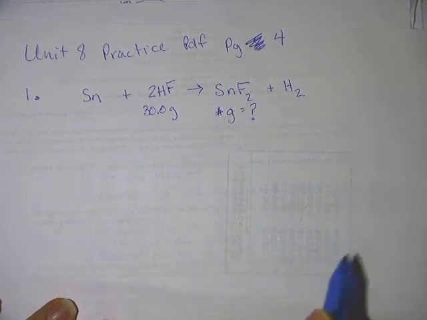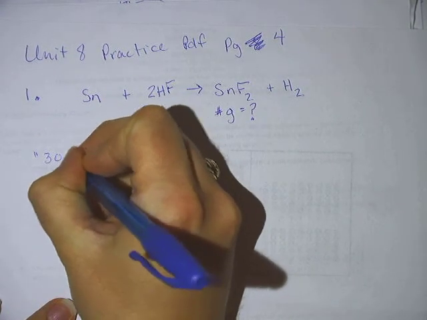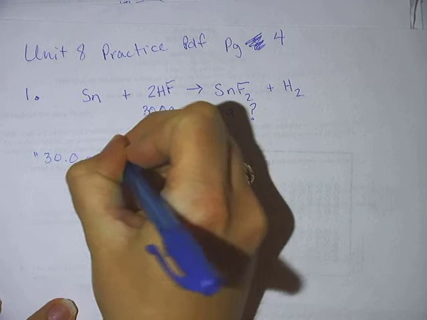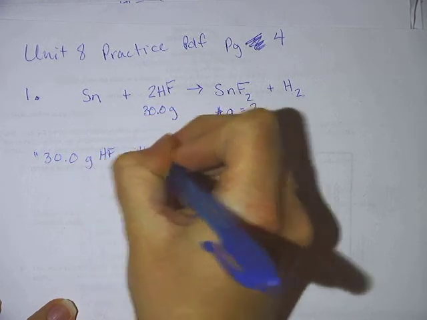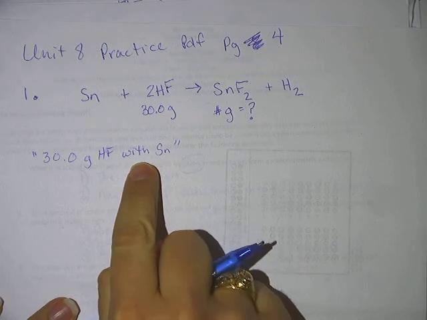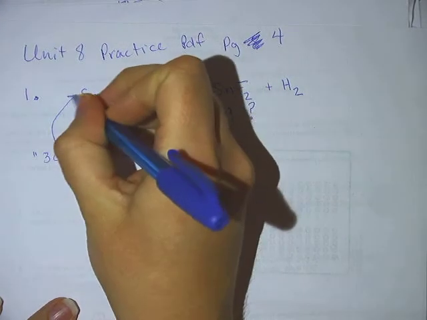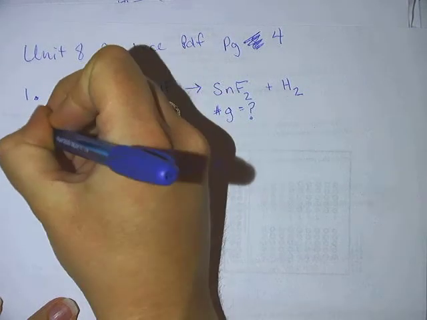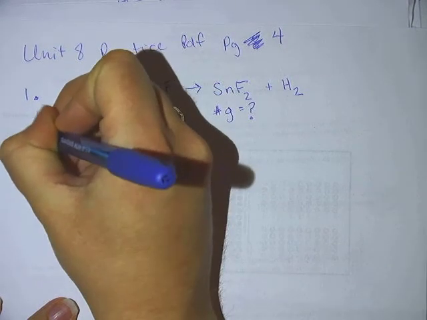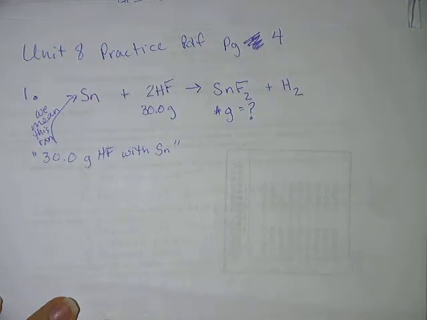Don't let that wording confuse you. Tin is not going to enter your calculations at all. They're just saying, hey, they mean this reaction. They're not saying also use tin in your calculations.